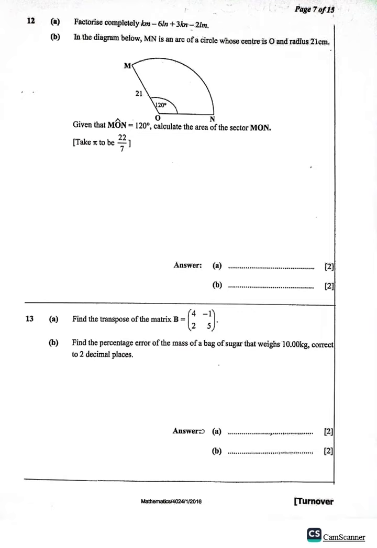So the question is factorize km minus 6ln plus 3kn minus 2lm. So first we are going to factorize by grouping terms.